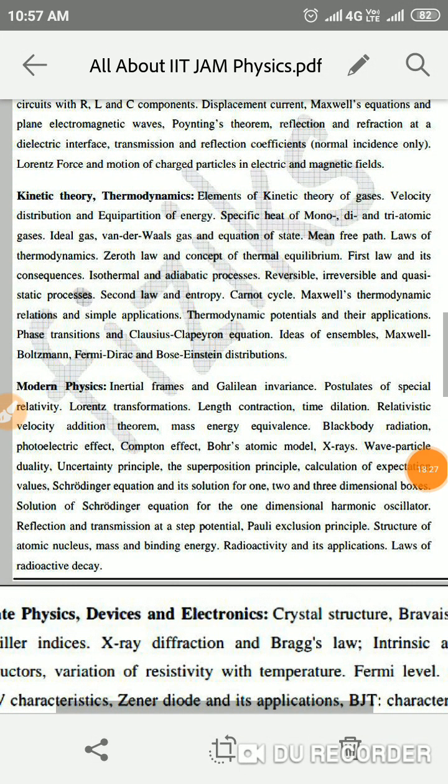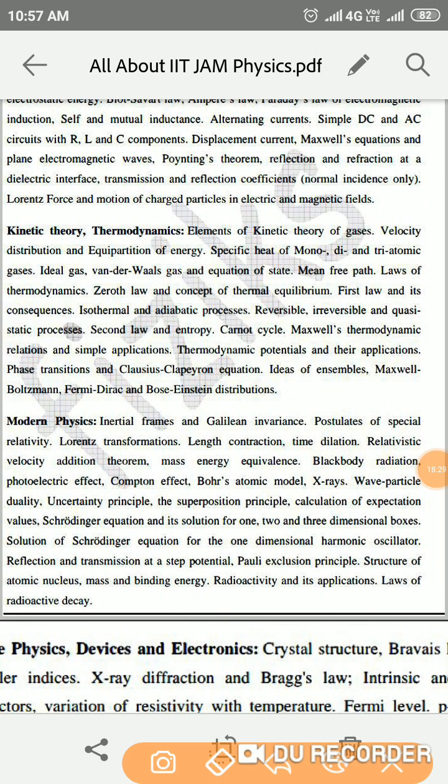Now moving towards kinetic theory and thermodynamics part. First, in the kinetic theory of gases, you should be able to know about the velocity distribution, like root mean square velocity, average velocity, most probable velocity, and equipartition of energy.